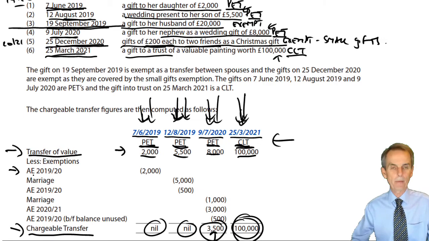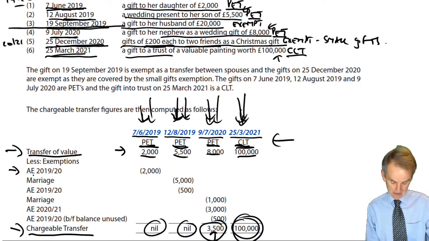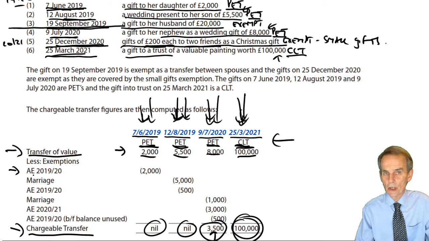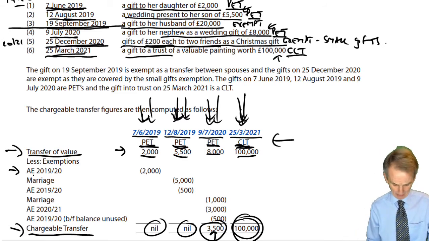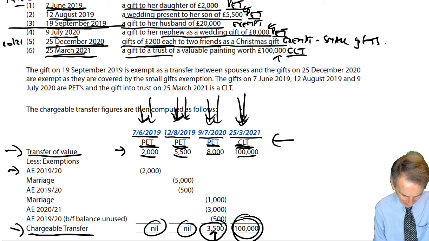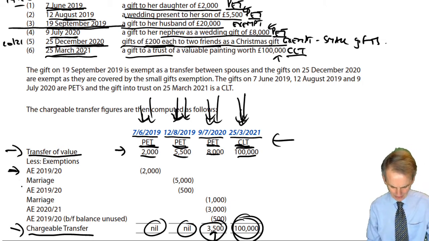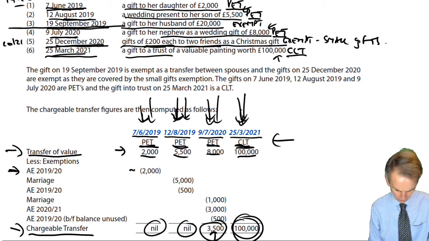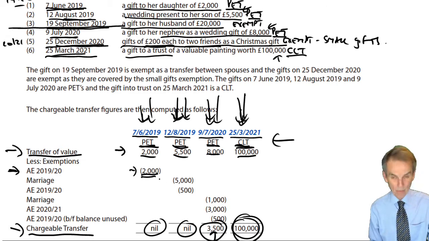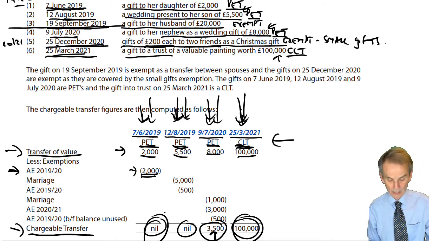Remember, it can only be carried forward 1 year. But of course, we only use any brought forward unused annual exemption after firstly using the current year's own annual exemption. So that annual exemption of the 1920 tax year is first to be applied. That is 2,000. That immediately removes that transfer of value. So we've got, as we noted before, a nil chargeable transfer.